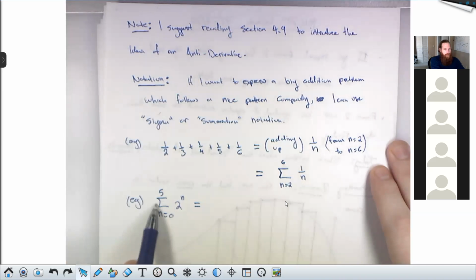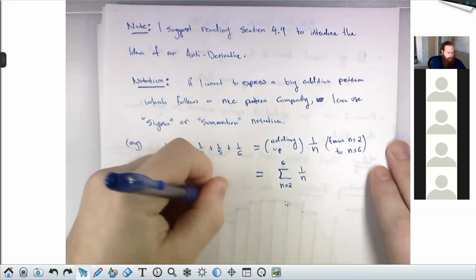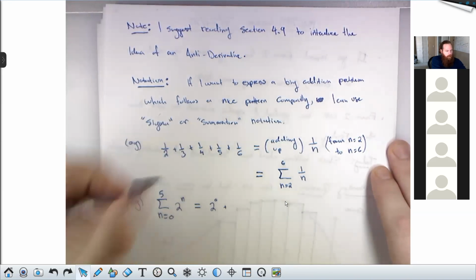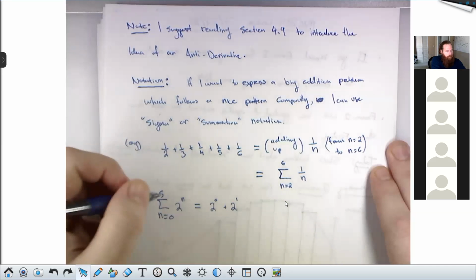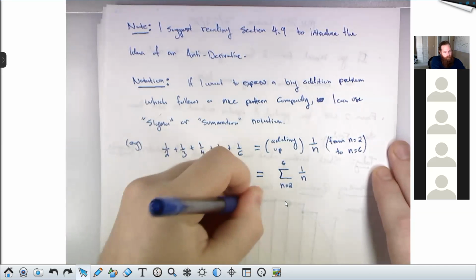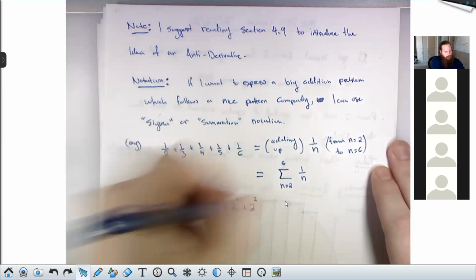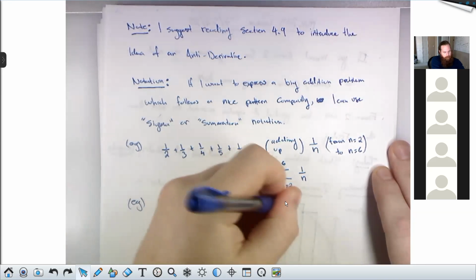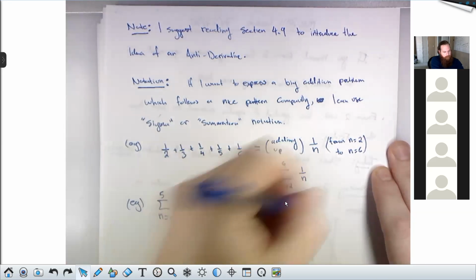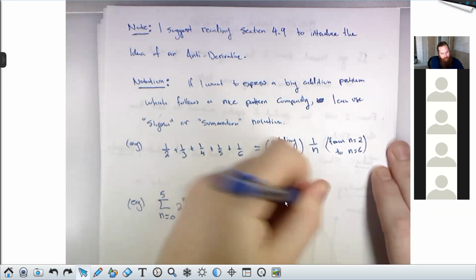So this guy says you're adding up these things from n equals 0 to n equals 5. So that's going to be 2 to the 0 plus, I have to go all the way from 0 to 5. So the next guy is going to be 2 to the 1 plus 2 to the 2 plus 2 to the 3 plus 2 to the 4 plus 2 to the 5.